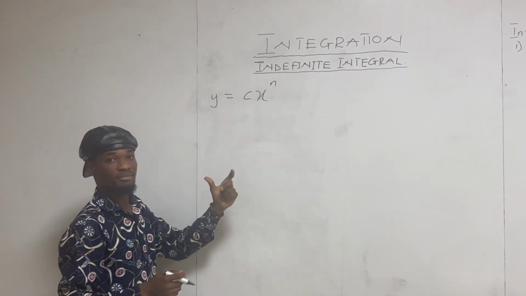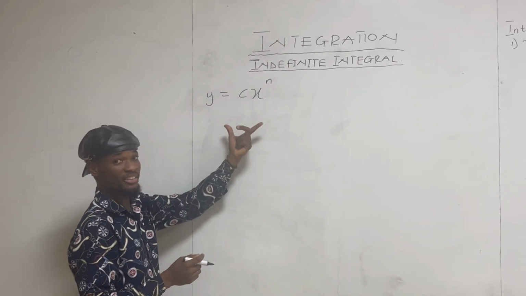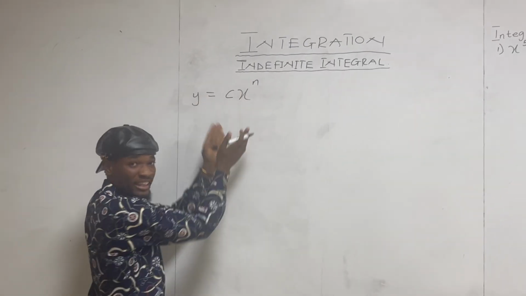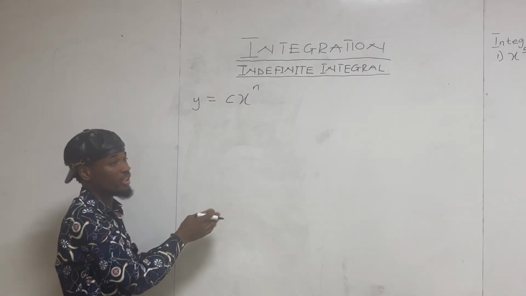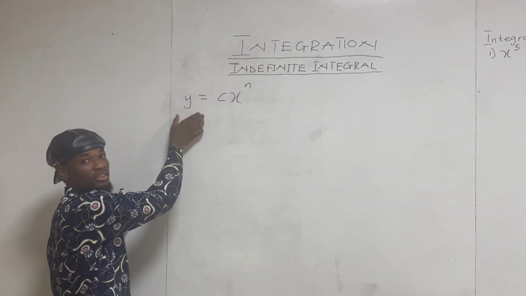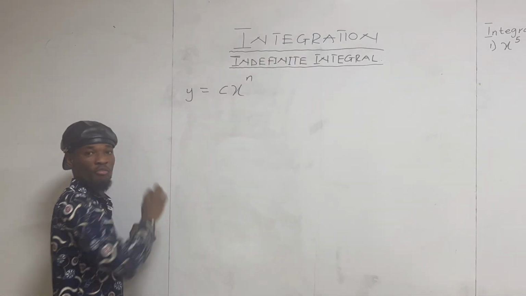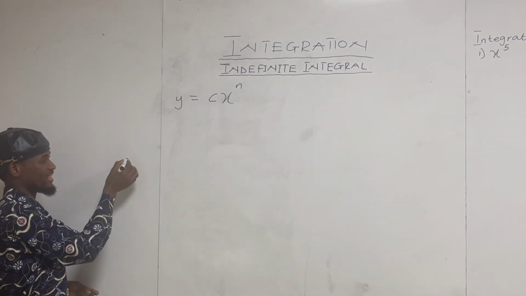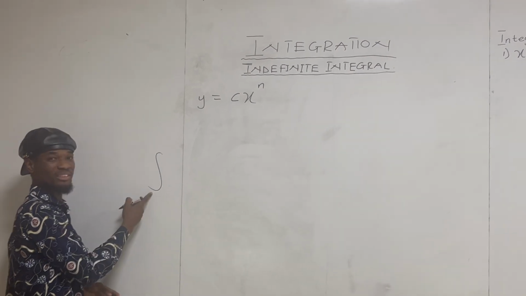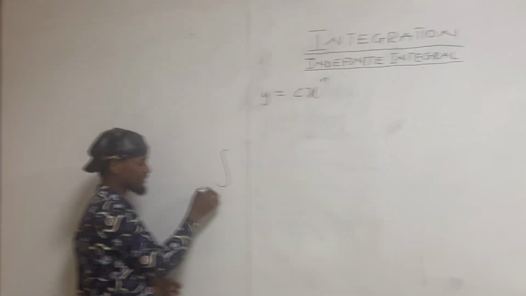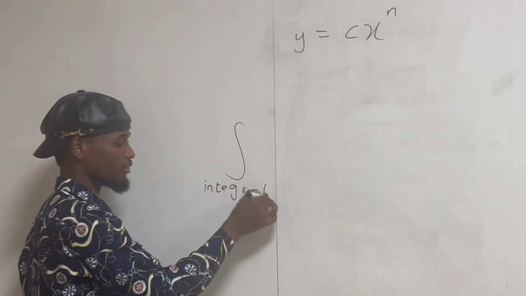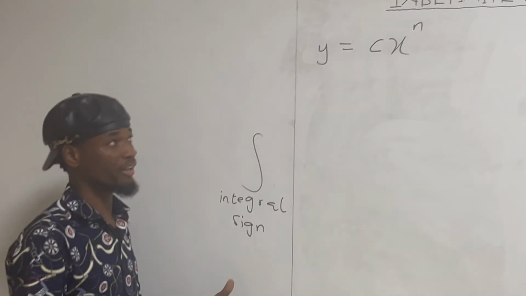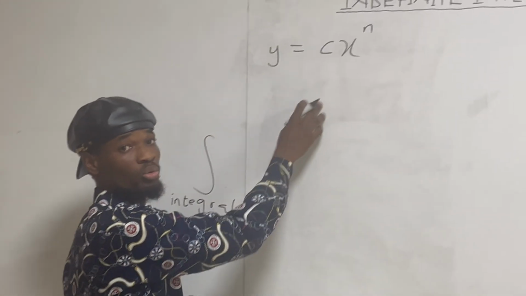For integration, when you have y equal to any expression, if you want to find the integral of this, you take the integral of both sides. The elongated S is what we call the integral sign. So this is what we are supposed to do.